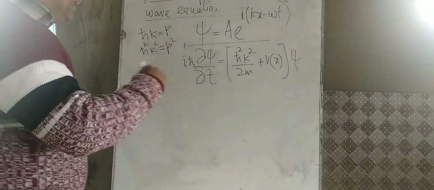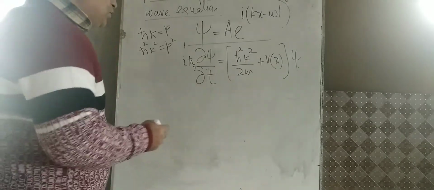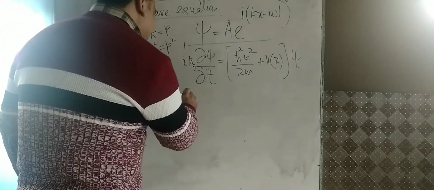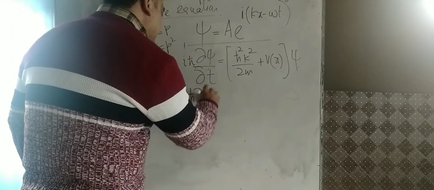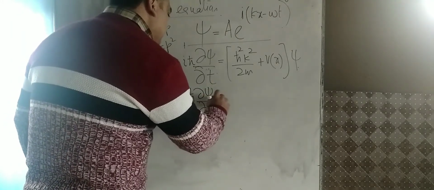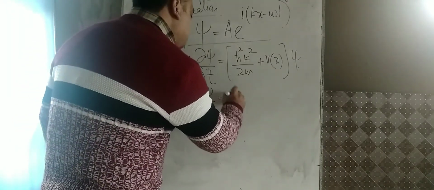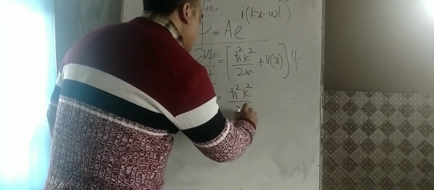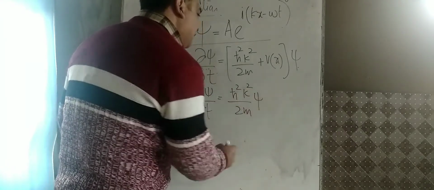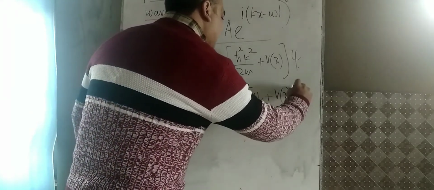So i h bar del psi upon del t must be equal to h bar square k square by 2m psi plus V of x psi.